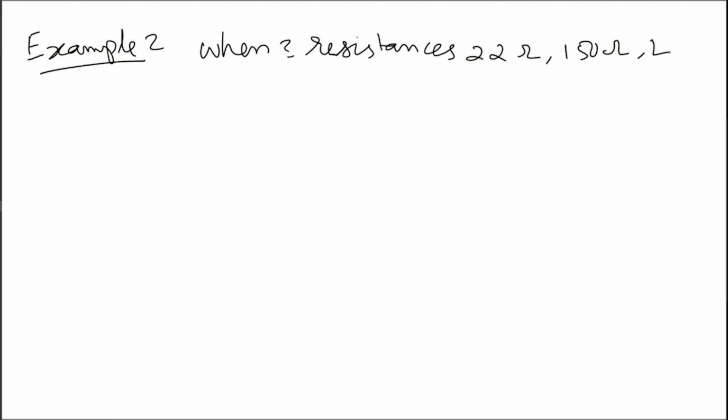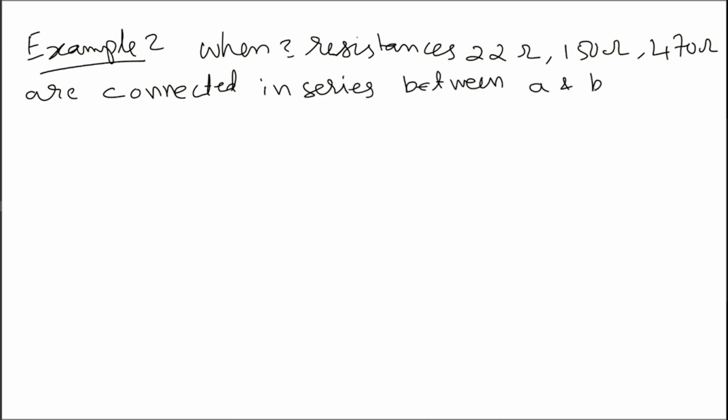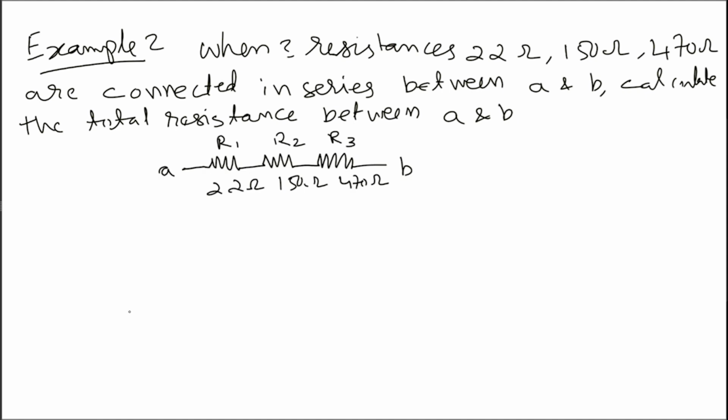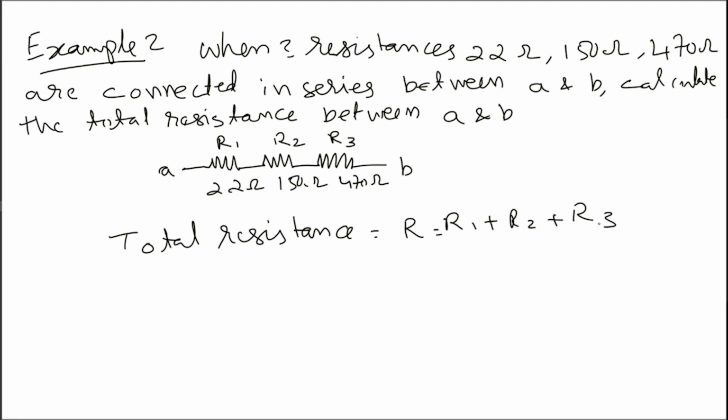Now see this example. When three resistances 22 ohm, 150 ohm and 470 ohm are connected in series between A and B, calculate the total resistance between A and B. As the resistances are in series, total resistance R is equal to R1 plus R2 plus R3.